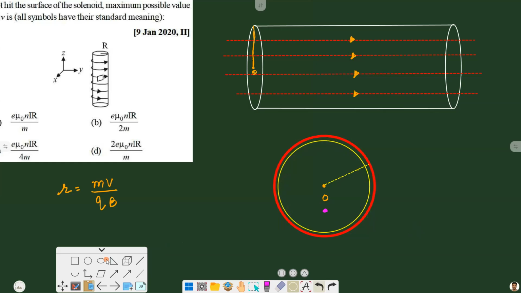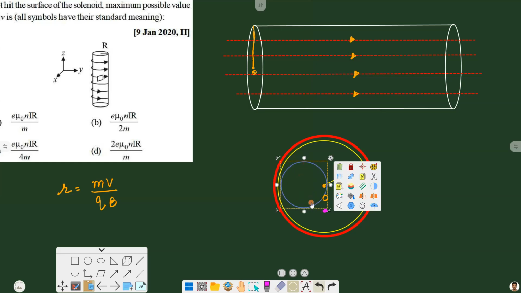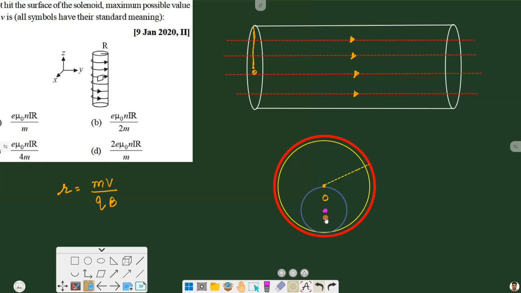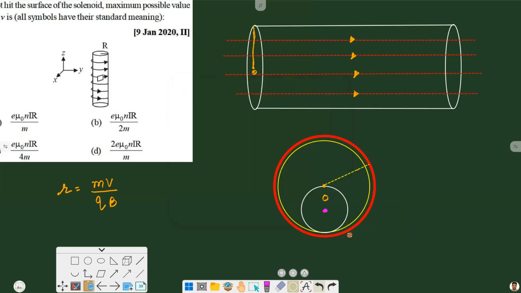Or the second possible path is this one, where an electron enters and starts rotating like this. So we have two possible options here.